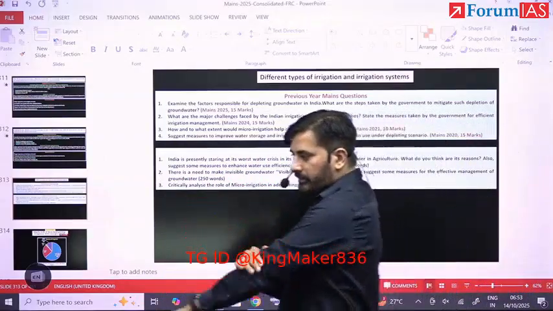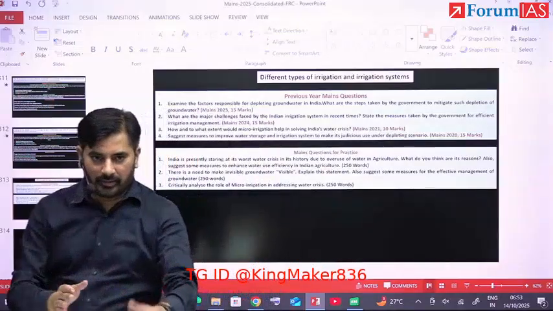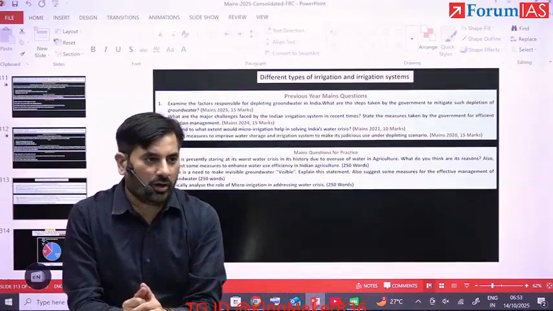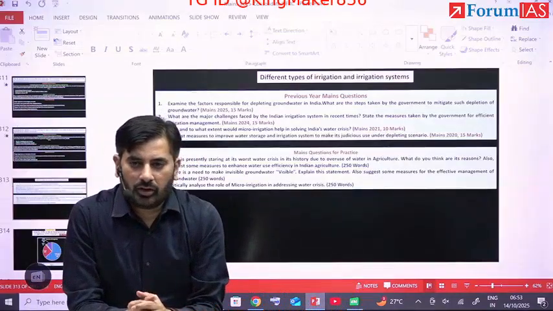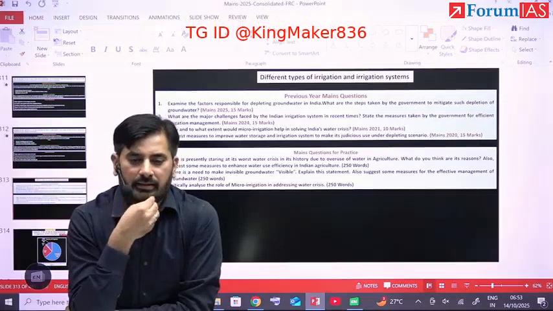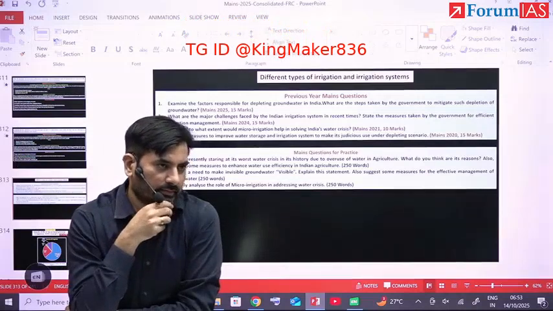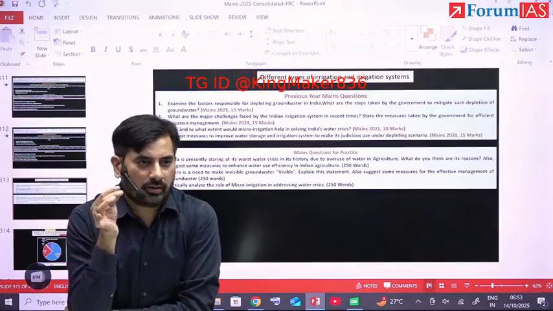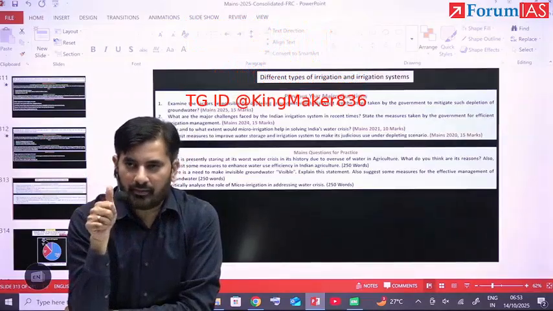Now we have covered all these things about irrigation. Now let's move to the next topic: groundwater. With respect to groundwater, let's have the framework ready. Number one, present status.